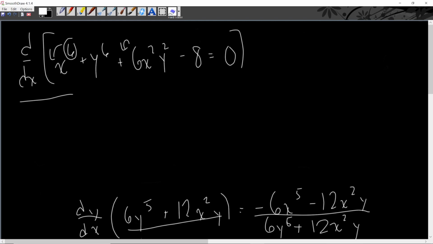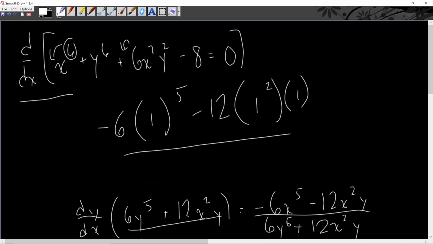So let's do that. We have negative 6 times 1 to the power of 5 minus 12, 1 squared, 1 all over 6 times 1 to the power of 5 plus 12, 1 squared, 1, and then negative 6 minus 12.